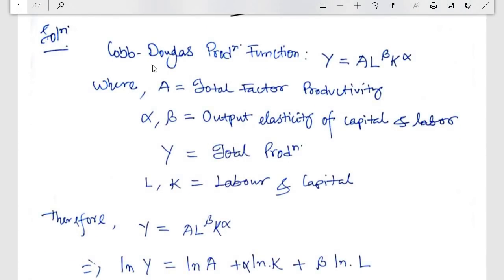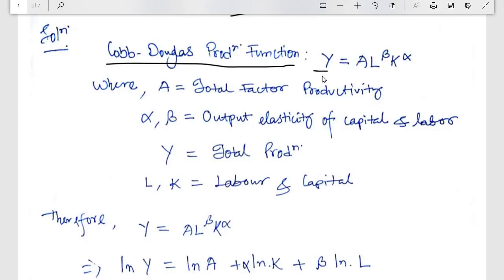Okay, what we can do is construct a Cobb-Douglas production function. So what is a Cobb-Douglas production function? It is a particular kind of production function. It is used to represent the technological relationship between amounts of two or more inputs, for example capital and labor, and the amount of output that can be produced by those inputs, right?